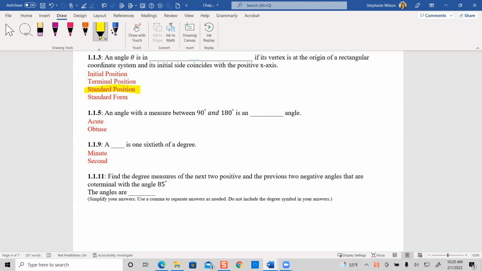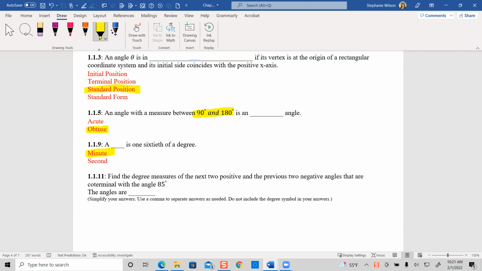An angle with a measure between 90 degrees and 180 degrees is obtuse. An acute angle is greater than 0 degrees but less than 90 degrees. A minute is 1/60 of a degree.